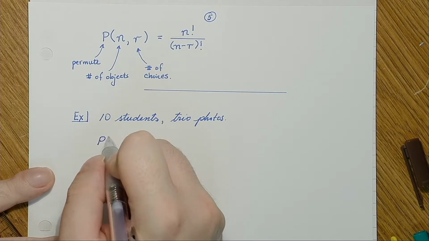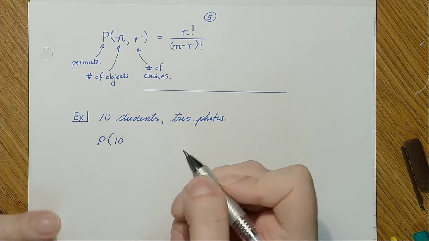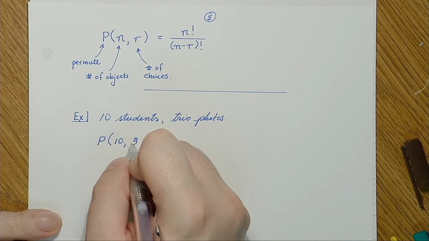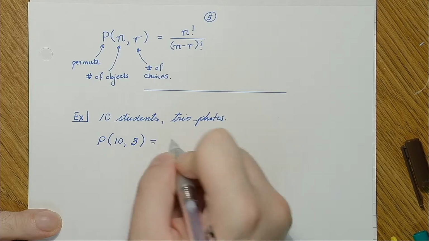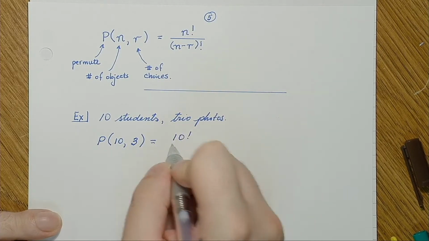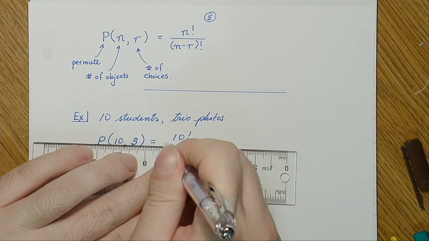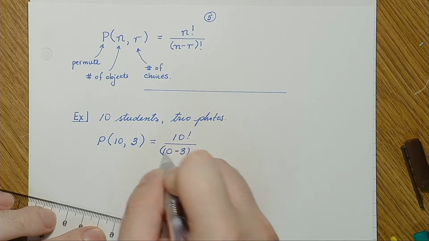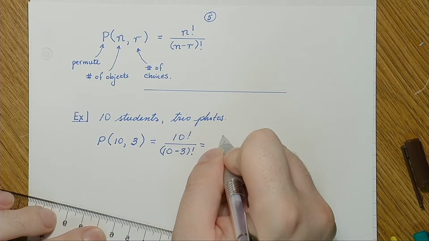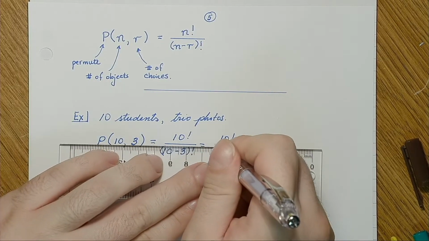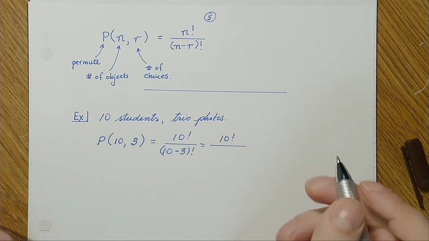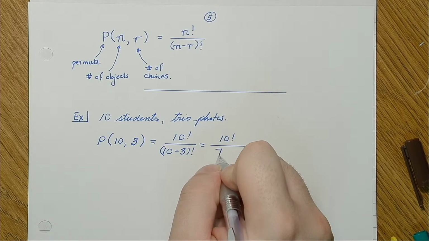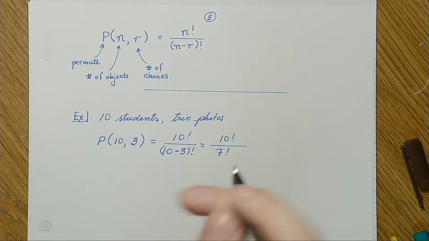Well, then that would be 10 students in total, and we're going to pick 3 of them for each of those photos, which means that it's going to be 10 factorial over 10 minus 3, which means that that's 7 factorial.